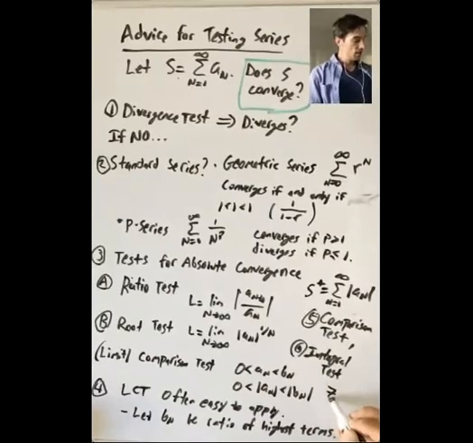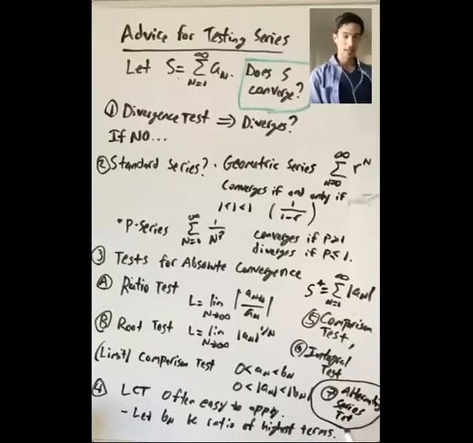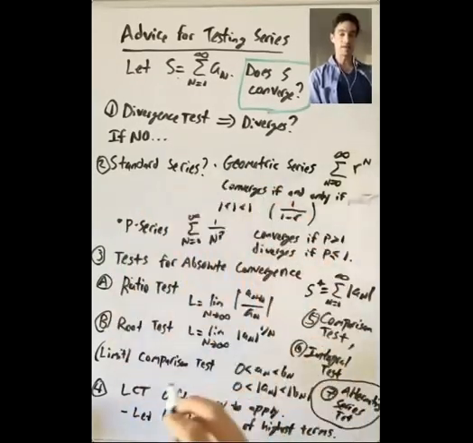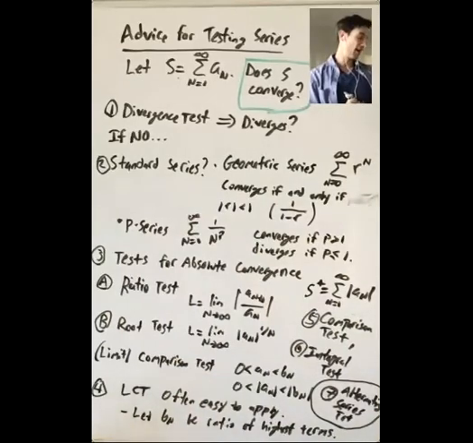And then we have our last test, which is a little bit separate from the others, the alternating series test. It's kind of in its own category because it only applies when your series is alternating. All these other tests we can apply no matter what. It doesn't require that our series terms flip back and forth, positive, negative, positive, negative.